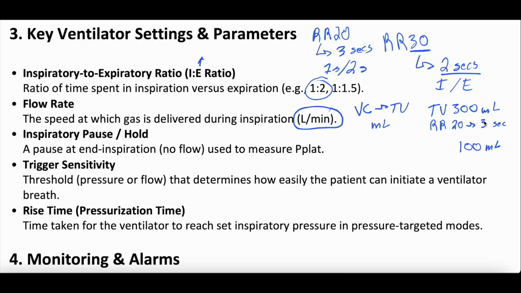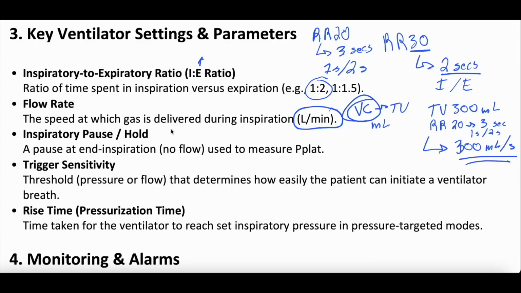Let's say the I to E is 1 to 2, which means there'll be 1 second of inspiration for every 2 seconds of expiration. So that's going to be 300 milliliters per second is the flow rate. All right. And if a patient wants more than that, it can lead to ventilator desynchrony. So in volume control, flow rate can be something really important to think about if you're seeing flow starvation. We actually have talked about that in episode 2 on desynchrony. Again, check out that playlist.